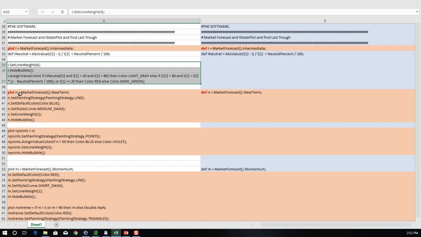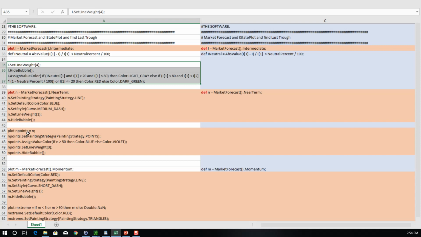Again, we're going to plot where we plotted before. We're going to define N. That's the near-term line. Again, we remove all these other properties for N that tell the programming in Thinkscript what size the line should be, what color it should be, how it should display, etc. We don't need endpoints.